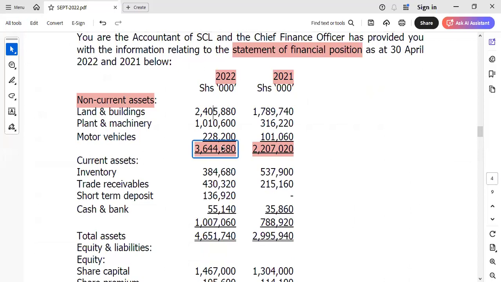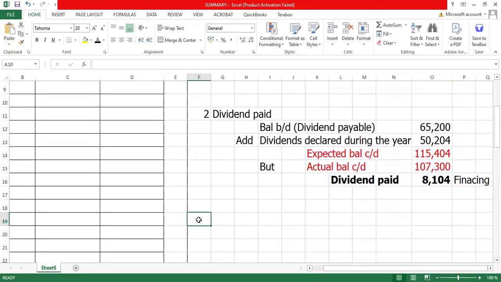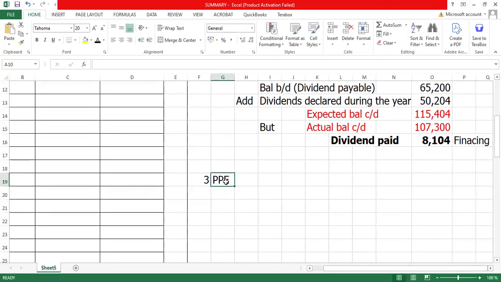Those are three things you need to find out, because they will help you know whether you have assets that were acquired during the year. What do I mean? You are going to do the working. This is working number 3, looking at PPE. You need to know whether the company acquired more assets.